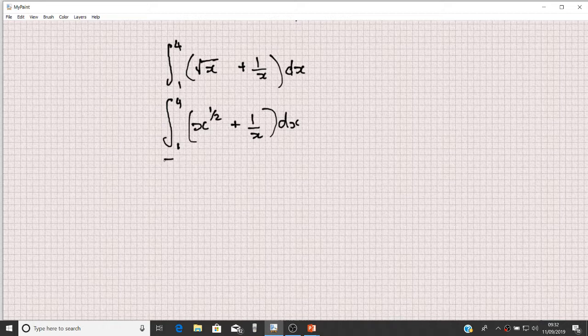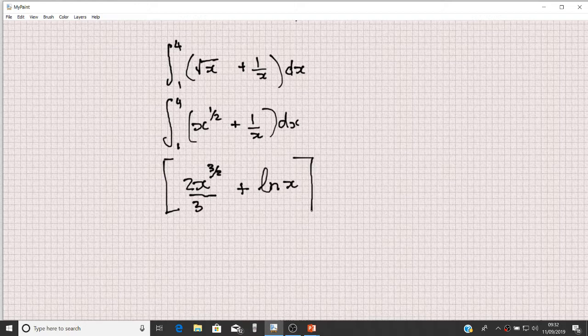Okay, so start the problem, open the square brackets. So x to the power of a half becomes x to the power of 3 over 2. It's a half plus 1, divided by 3 over 2, which, if I divide by 3 over 2, becomes 2 over 3. And the integral of 1 over x is ln x.